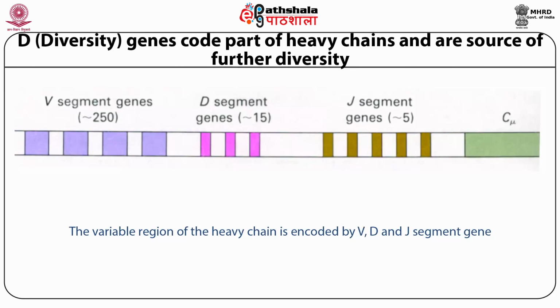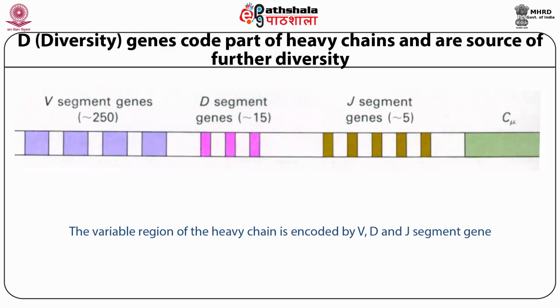In the case of the variable region of heavy chains, that is the VH, another kind of gene segment was required in addition to the V segment, J segment and C region. About 15 D segments were found between V segments and J segments. These D, for diversity, genes code part of the heavy chains and are sources of further diversity.